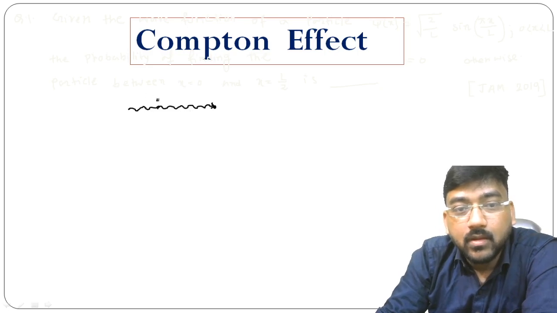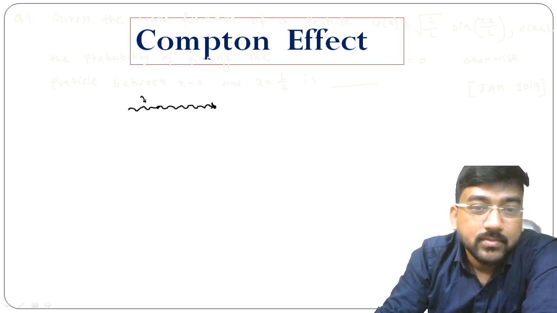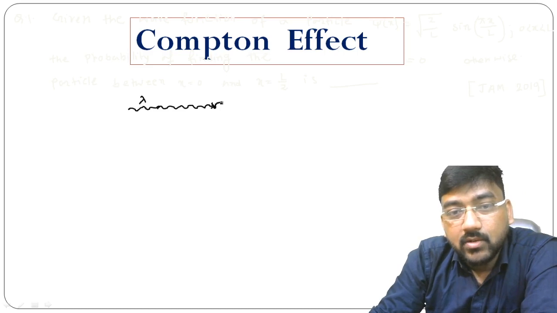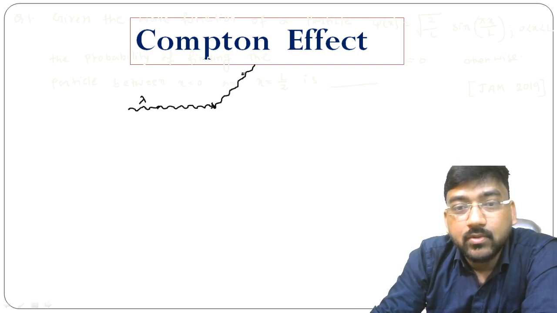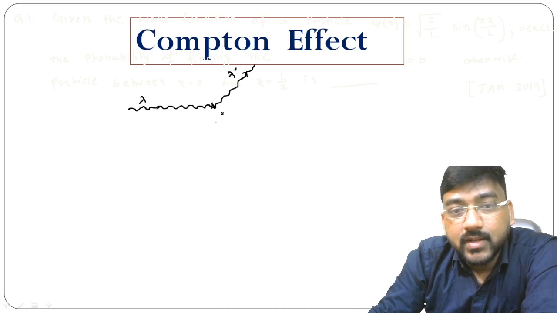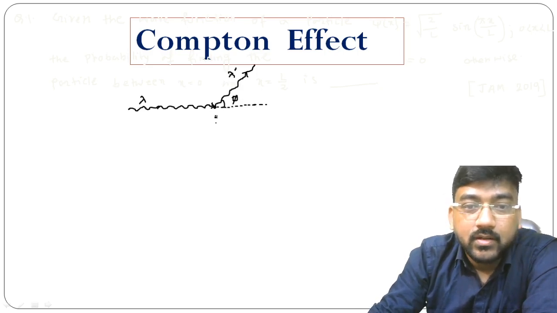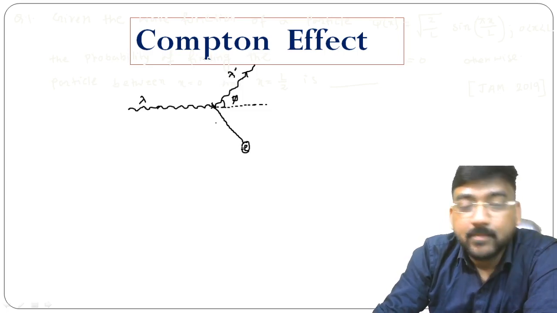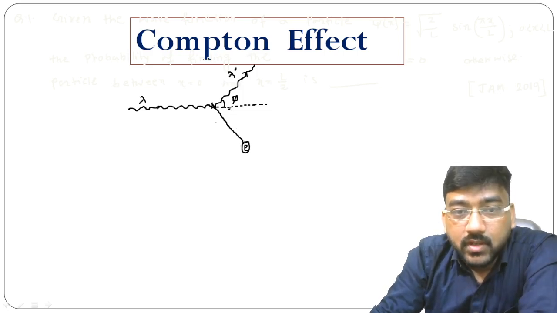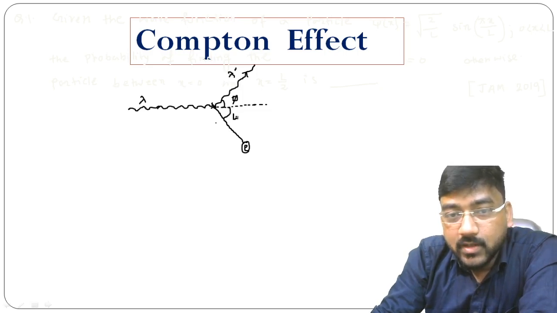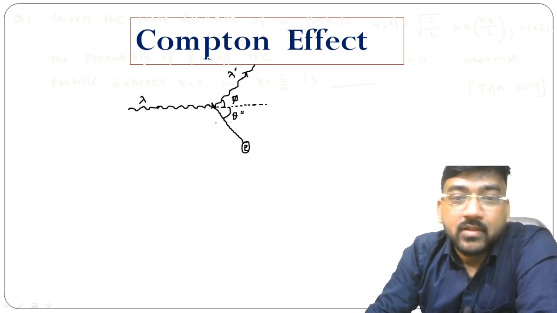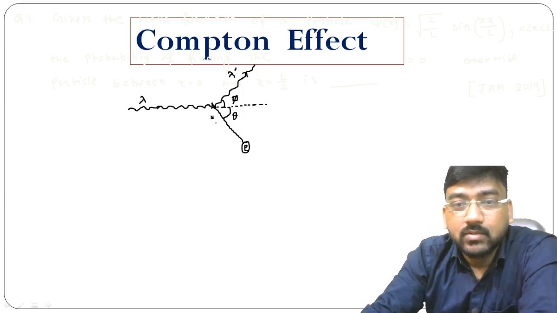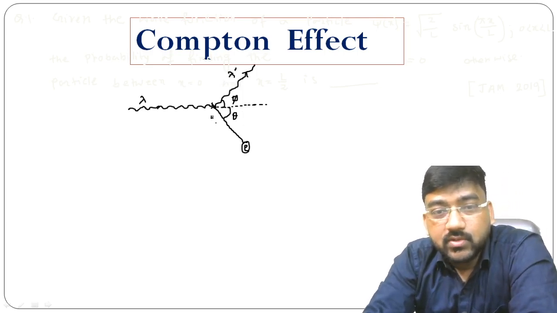Suppose the incident wavelength of the photon is lambda, and this is the scattered photon, lambda dash, and the photon is scattered at an angle phi with this incident direction, and along this direction the electron will be recoiled. The recoil electron will be along this direction, so the angle is theta, so it will recoil at an angle theta with the horizontal.